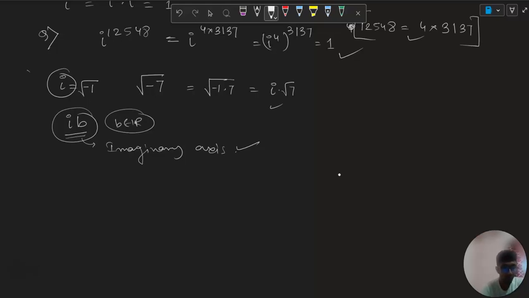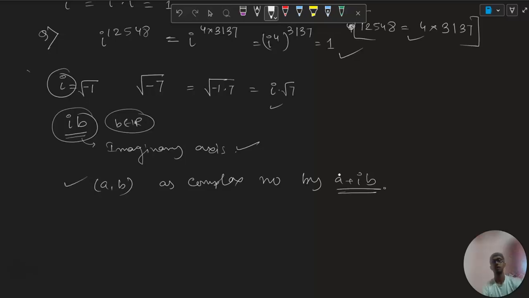We may express an ordered pair of real numbers a, b as a complex number by defining a plus i b, right?